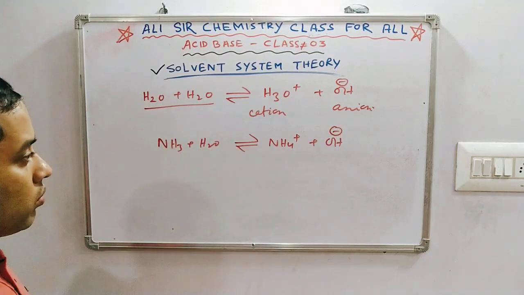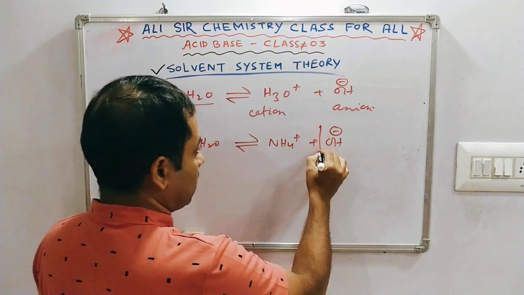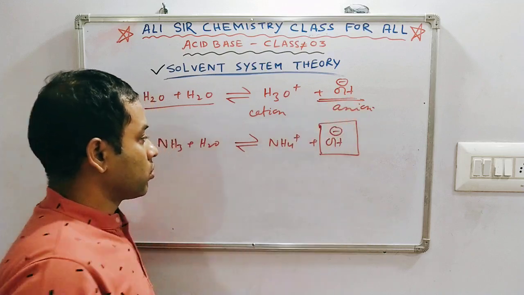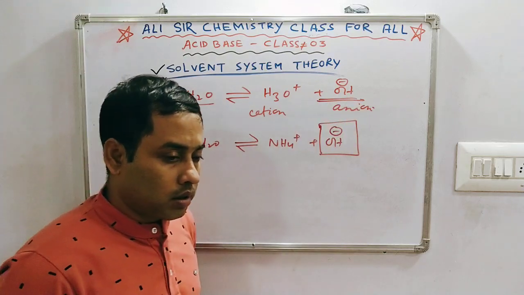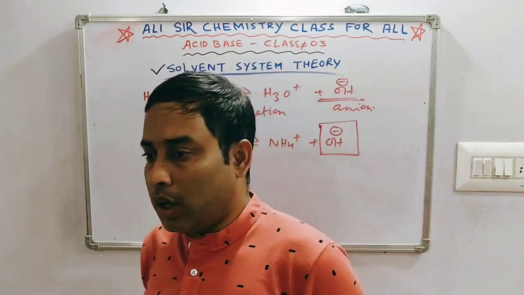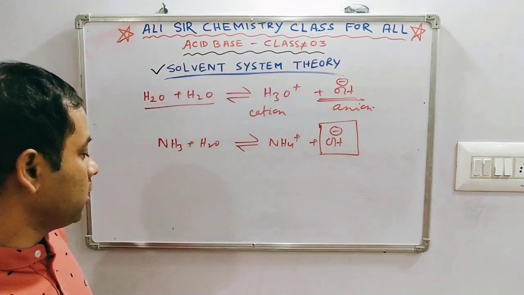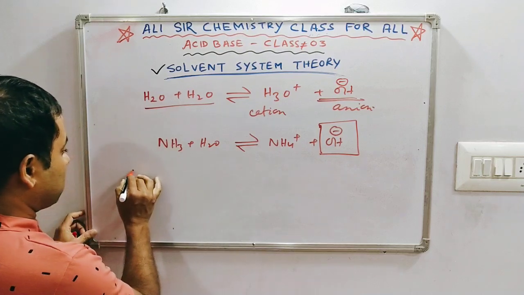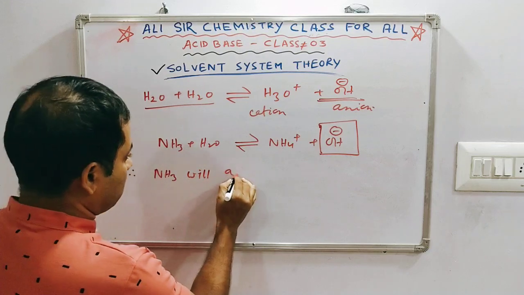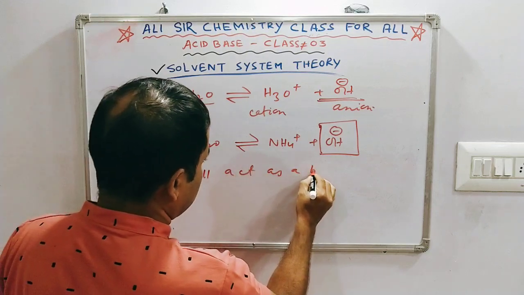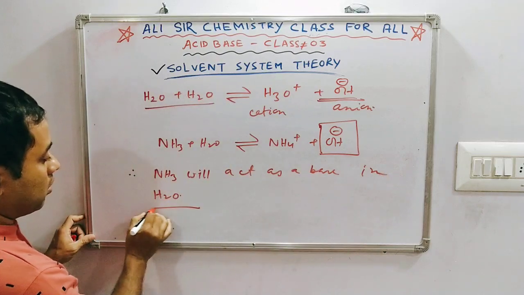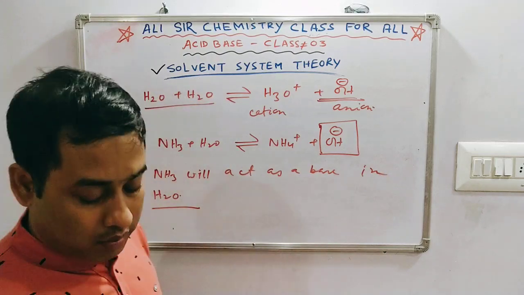OH minus is the anionic part of the solvent water. So ammonia will increase the anionic part of the solvent water. So ammonia will act as a base in water. I think it is clear for all of you.